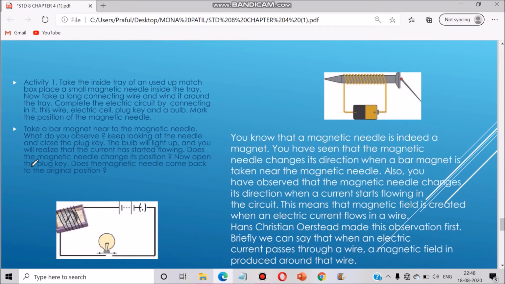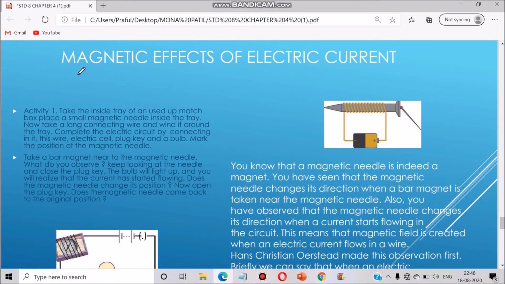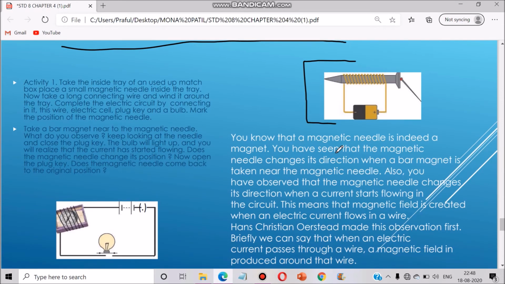Okay. Next, magnetic effect of electric current. Here a small experiment is shown. One screw has this wound wire, a copper wire, attached to it, and both ends of this wire are attached to a small battery, like you have used many times in science exhibitions.